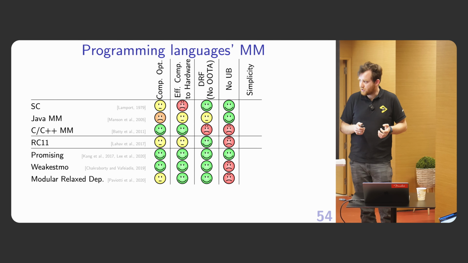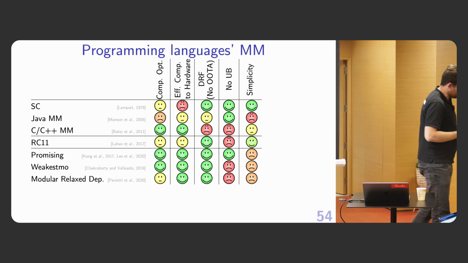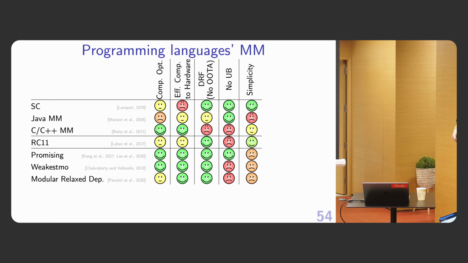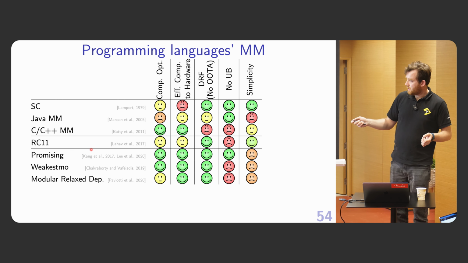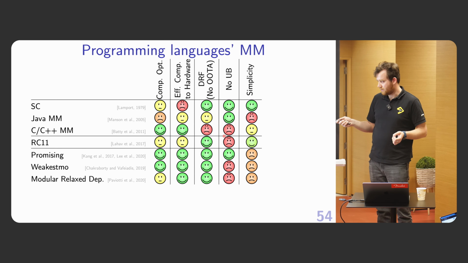So the other column, which I also consider important for a memory model, is how hard it is to explain. The good thing about this C11 memory model, which we just discussed, is that it's relatively simple, especially if you already know the C++ or Java memory model.